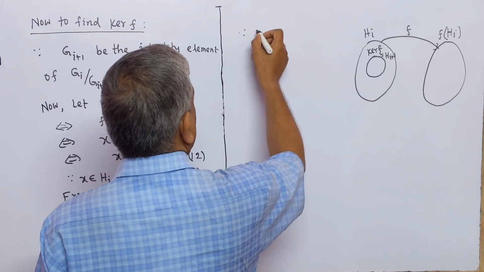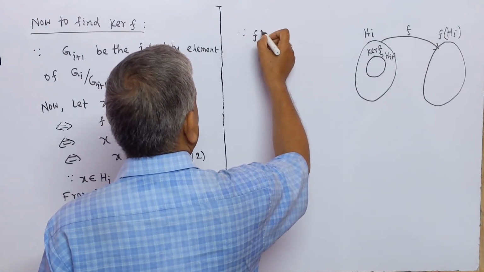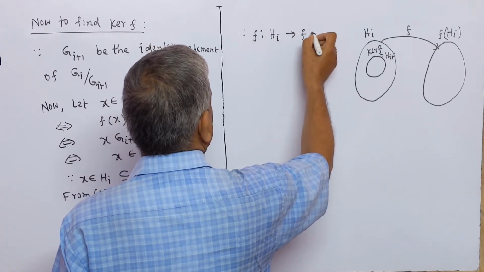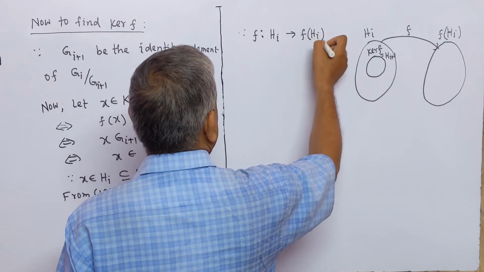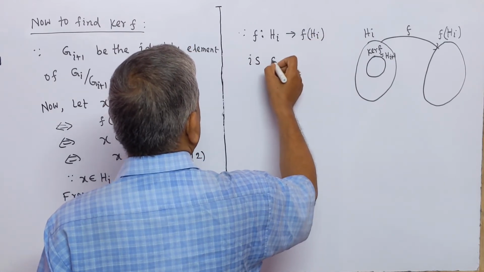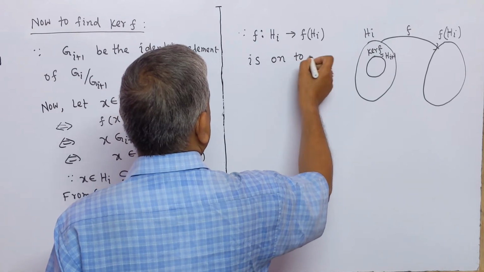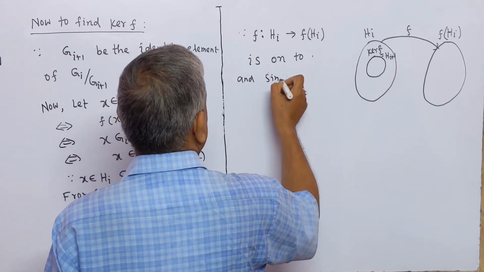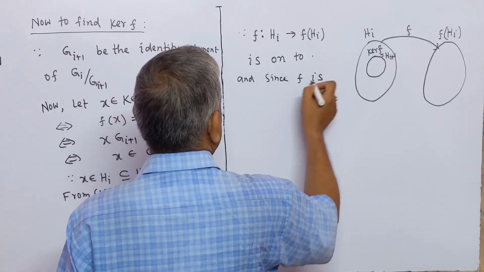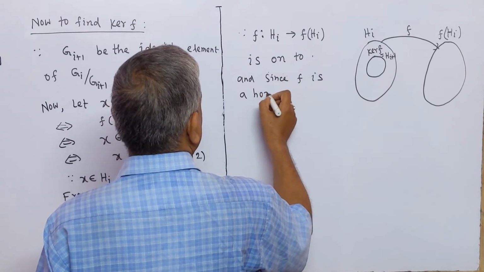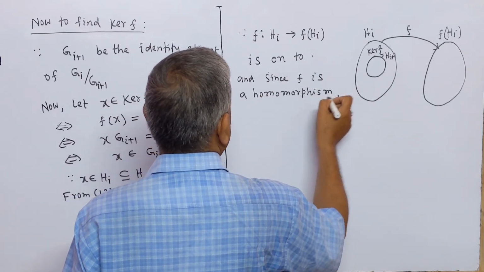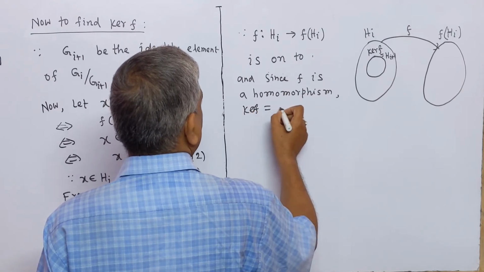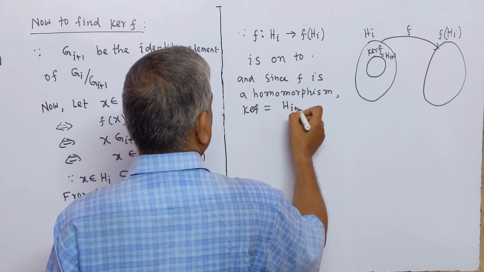Since the mapping f defined on Hi to f(Hi) is onto, and since f is a homomorphism, kernel of f equal to Hi plus 1.